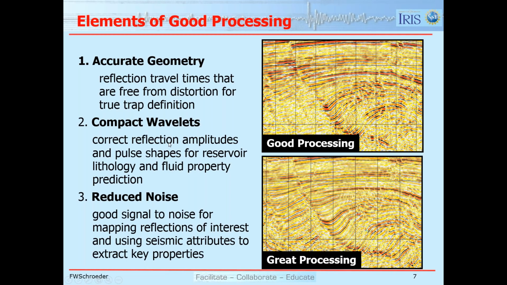We want to get the correct reflection amplitudes that are associated with the impedance contrast. And we want the pulse shapes to be as short in time duration as possible and as stable as possible. If we have that, we can then make predictions about lithology and fluids. And we also want to reduce noise.